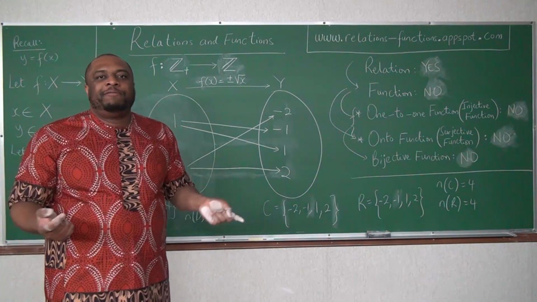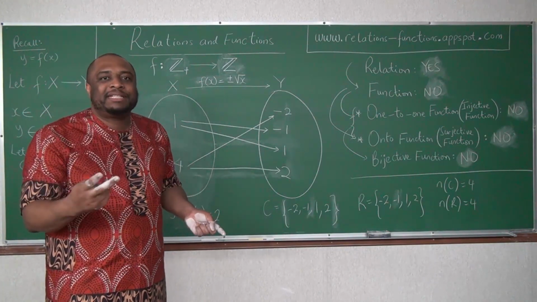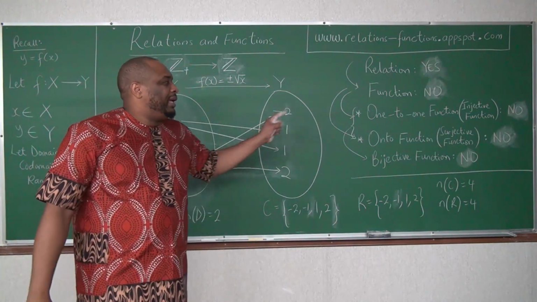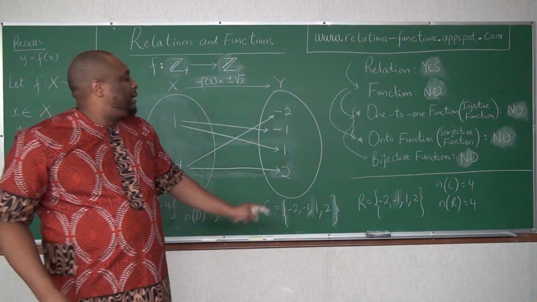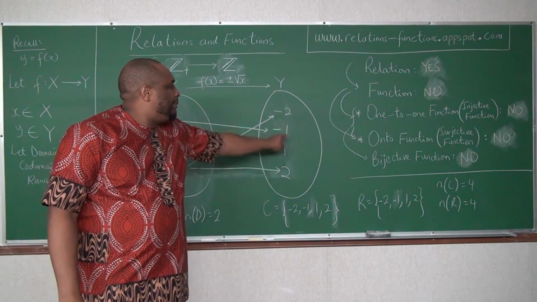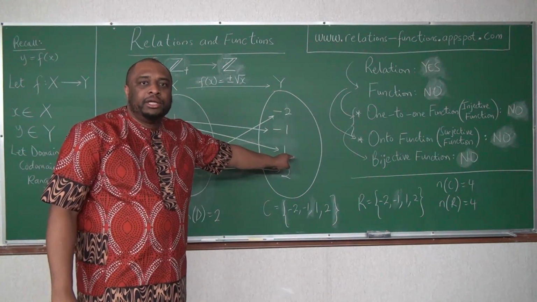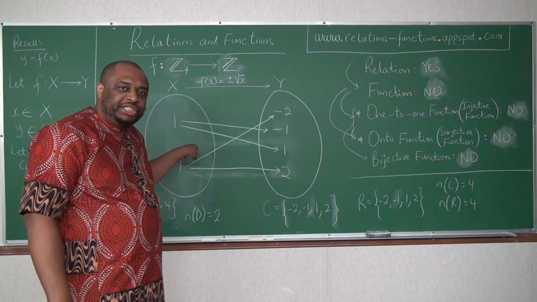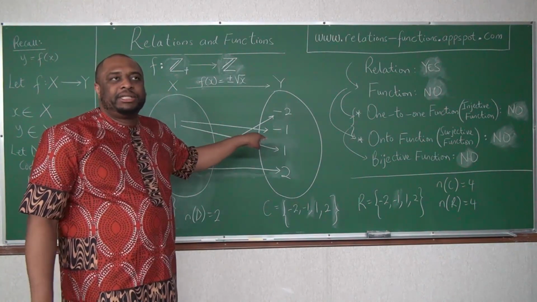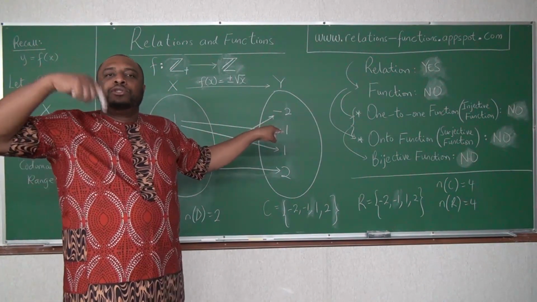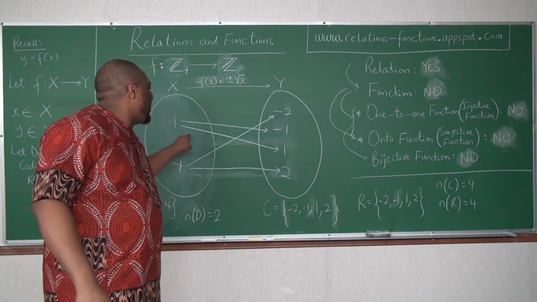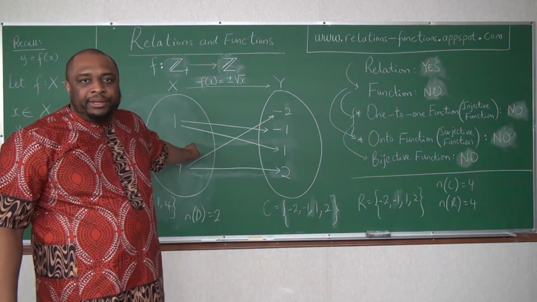Like I said, with a function, two inputs can have the same output. So with the onto function, you want every element of the codomain to be an image of at least one element in the domain.